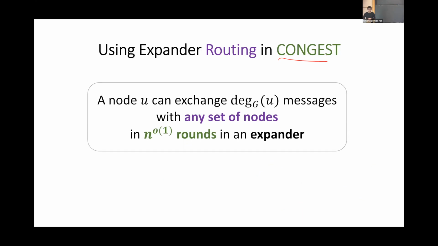For any node in the distributed network, any node can basically try to exchange messages, which is degree many messages, with any set of nodes, not just its neighbors. It can say, if I want to exchange a message with any set of nodes, I can do it in n^{o(1)} rounds if the graph is an expander.